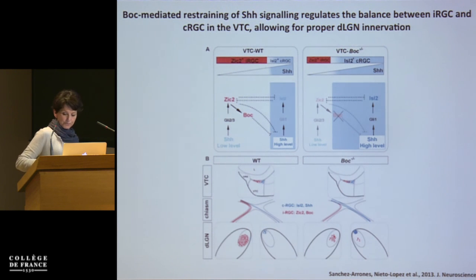Now, this is related to the role that sonic hedgehog has in the specification of retinal ganglion cells.